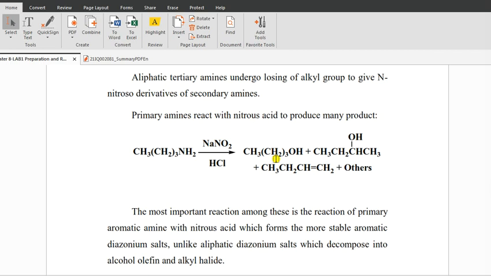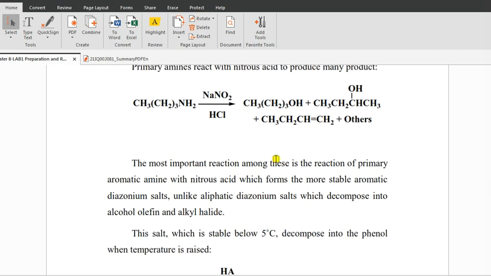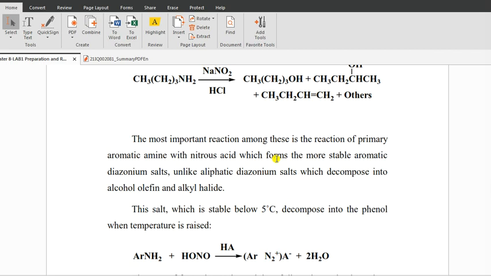So from all these reactions, the most important one is the reaction between a primary aromatic amine and nitrous acid, which forms the more stable diazonium salt.